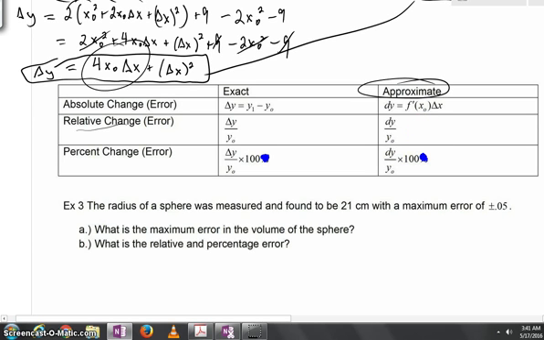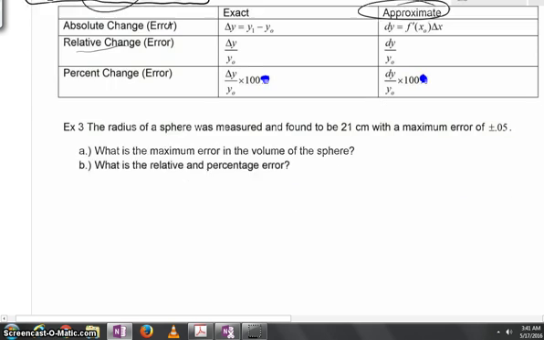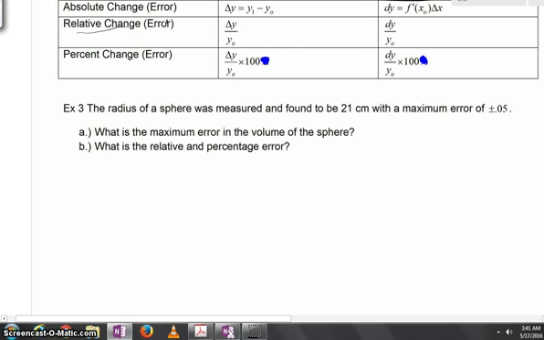So how can this be of help? Well, let's take a look at our last problem. For example 3, we've got a sphere. And we've got this big sphere right here. We've got a radius. And they're telling us that the radius of that sphere was found to be 21 centimeters.